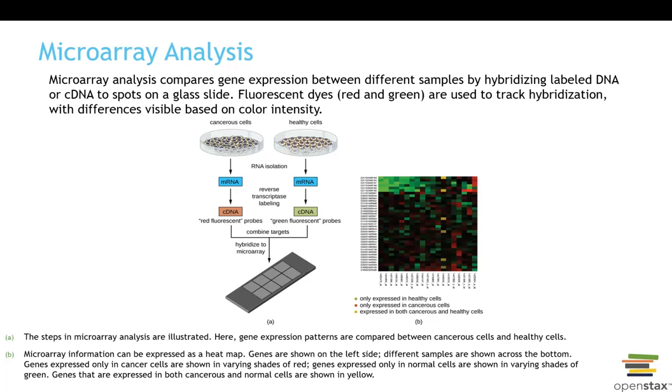Think about a chip in a computer, and then they attach very small fragments of DNA. You can see here, they put a lot of small DNA fragments that they already labeled with fluorescence, and they usually use two kinds of color, red fluorescence and green fluorescence.